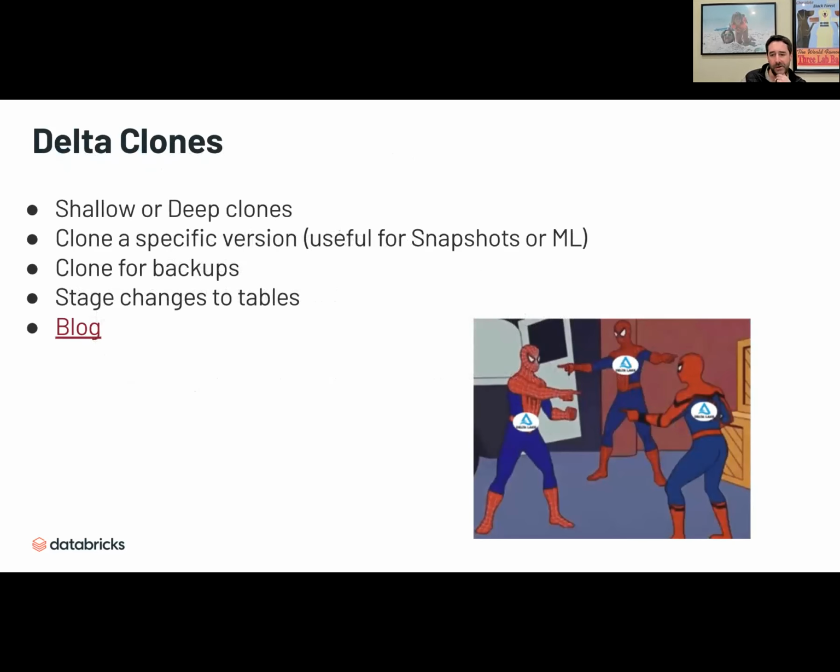The other cool feature that these versionings allow for is clones. Clones are either deep or shallow. A shallow clone is essentially, you say clone my table at version X as clone X or some other table name.